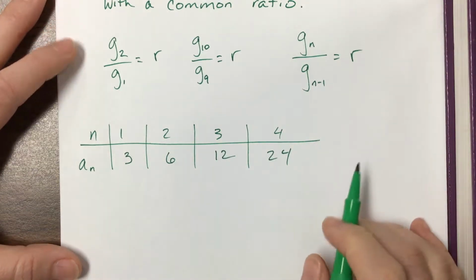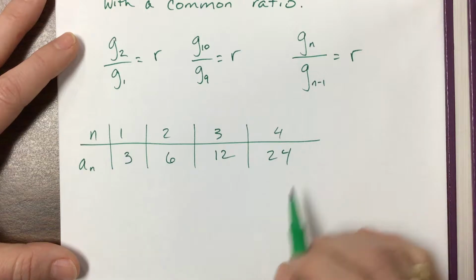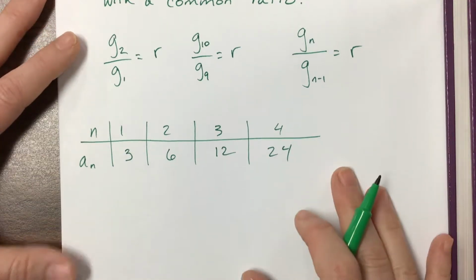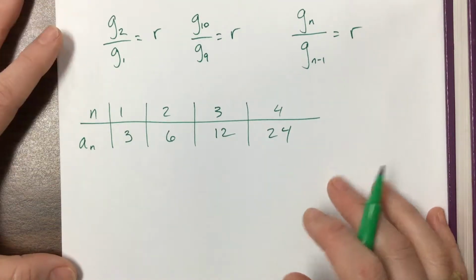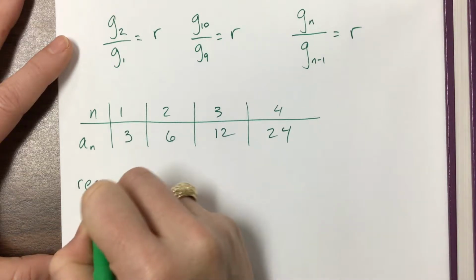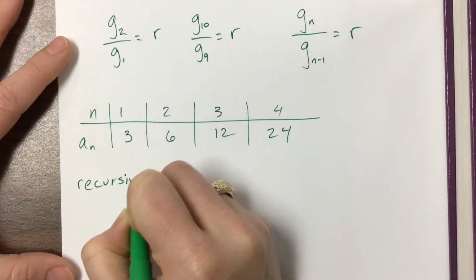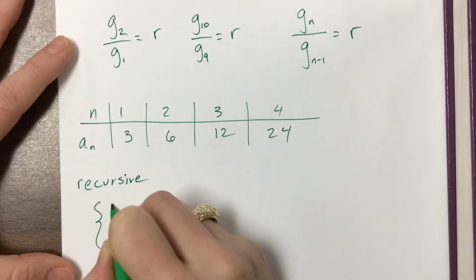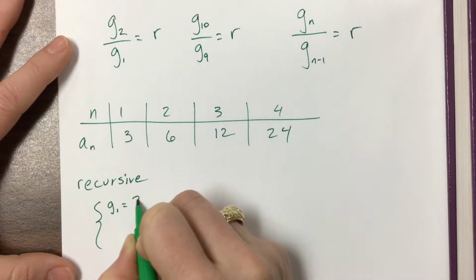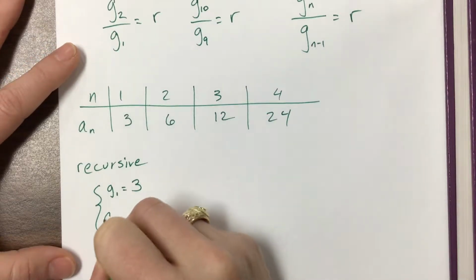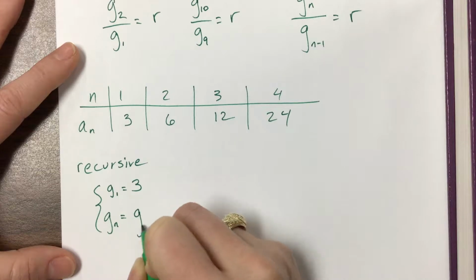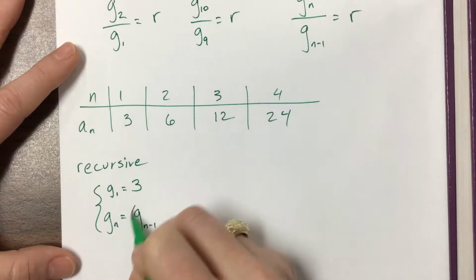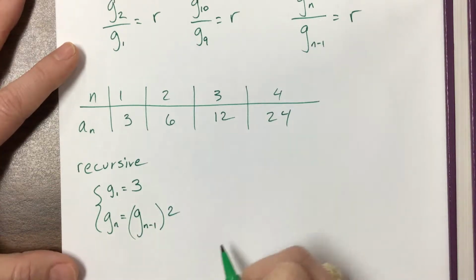You'll notice that what I'm doing each time is multiplying by 2. So just like in an arithmetic sequence, we can write the recursive rule. In the recursive formula, you always have to tell me where to start. In this case, we're starting at 3, and what to do. So g sub n is equal to the term right before it, and then I'm going to take that term and multiply it by 2.